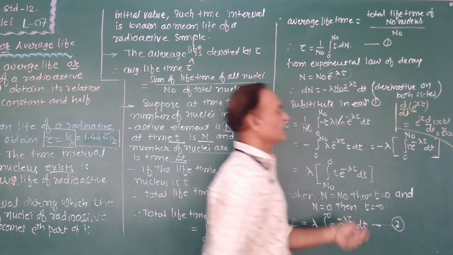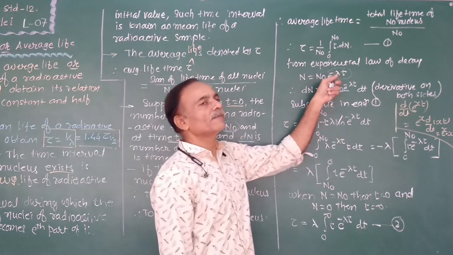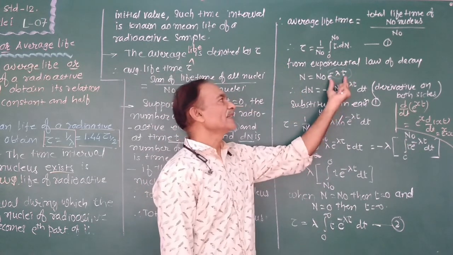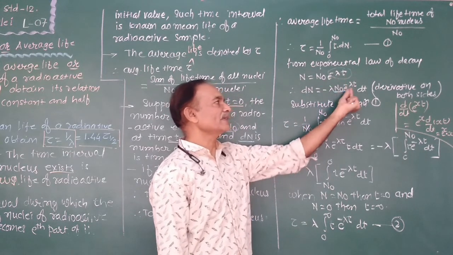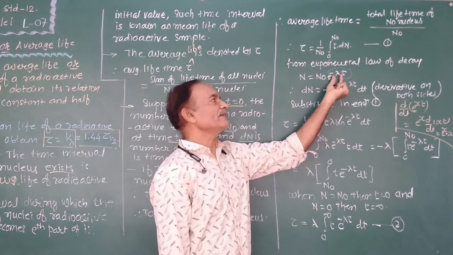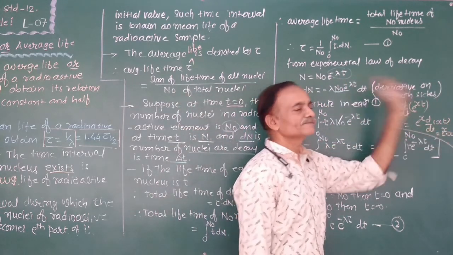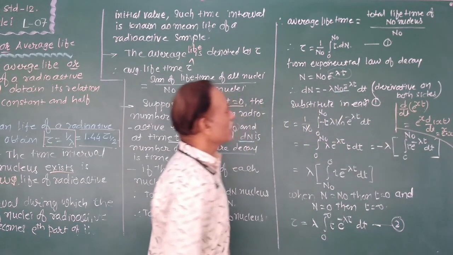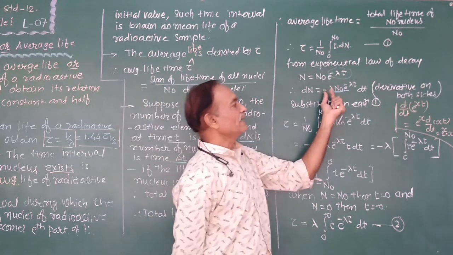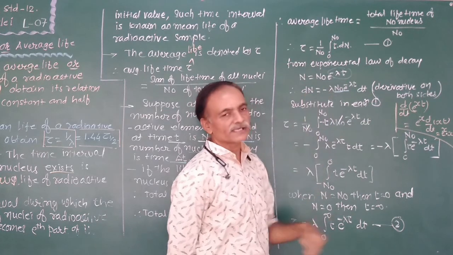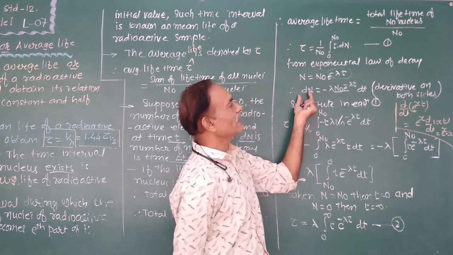This is the method we use to take the derivative of e to the power minus lambda t. n0 is constant, the derivative of minus lambda t is minus lambda. Therefore, we obtain minus lambda n0 e to the power minus lambda t into dt. That is the value of dn.